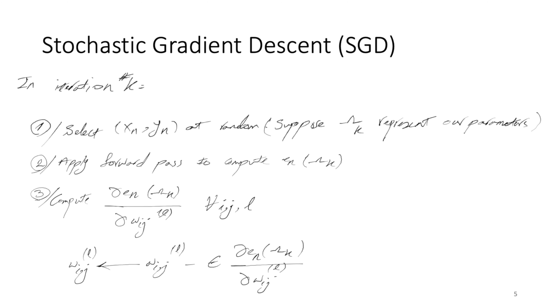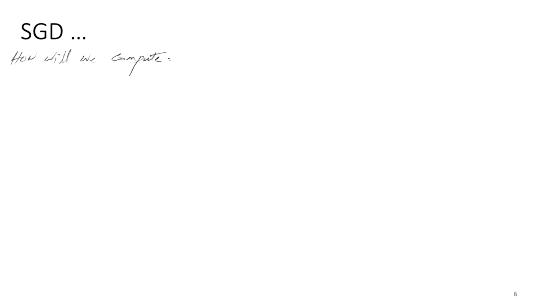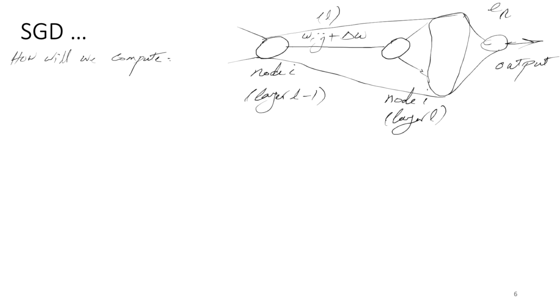Okay, now, how will we compute this? As if in your network, this is going to represent your node i on the previous layer, layer L-1, and this is your current layer, node j. Suppose you have many of these, and that was your output. You compute the loss function here.